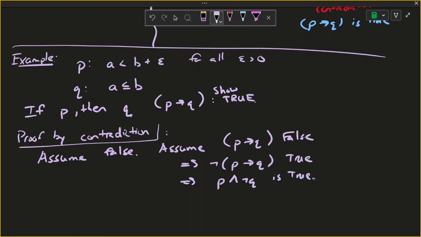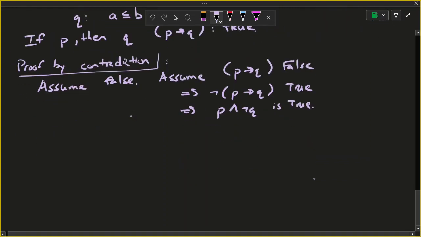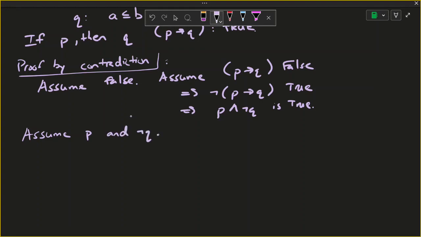So that's going to be our basis here, where we're going to jump off from. So assume P and not Q. That is, assume that A is less than B plus epsilon for all epsilon greater than 0.